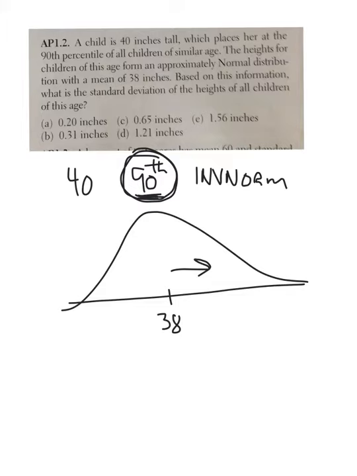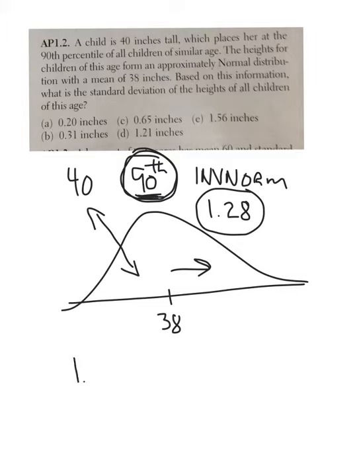So it turns out that the 90th percentile is 1.28 standard deviations above average. So one way to think about this is we say, well, the difference between these two is 2, right? So what number times 1.28 equals 2? Let's see.